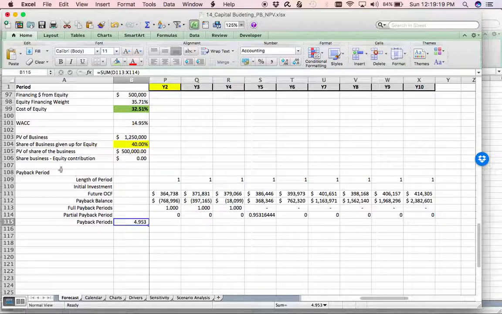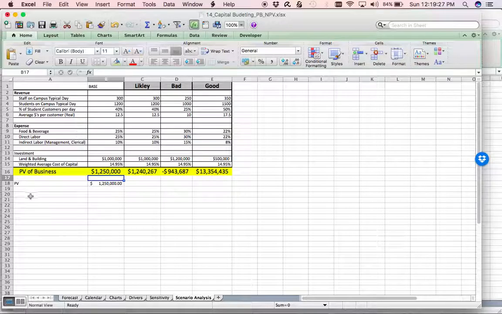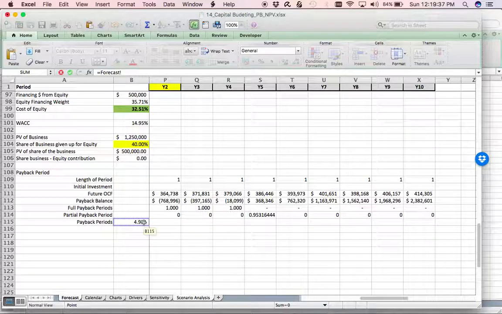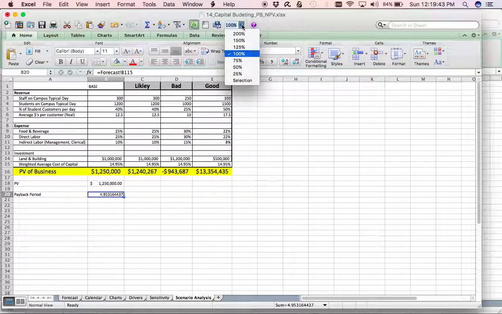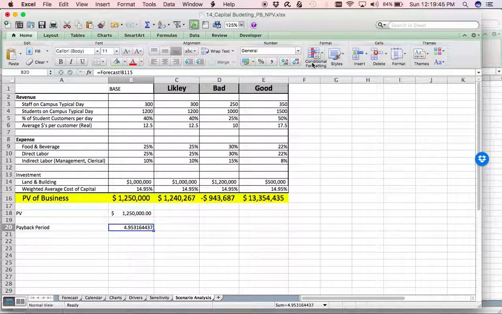Okay, and so that under the likely scenario is our payback period. So we could just say payback period, and we'll go grab that and say it's equal to whatever's over here. Okay. And I'll fix the formatting on that. I don't like how small this is. We'll make this a little bigger.